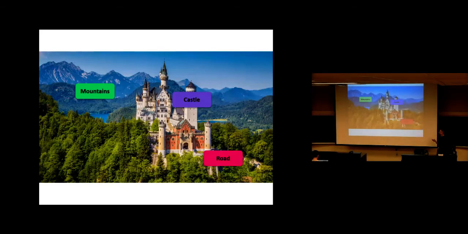So now let's move on to something called multi-label classification. In this image, you have a mountain. If you want to label the image automatically, you can label the image with multiple different word labels. There's a mountain, there's a castle, there's a road, there's also a forest.